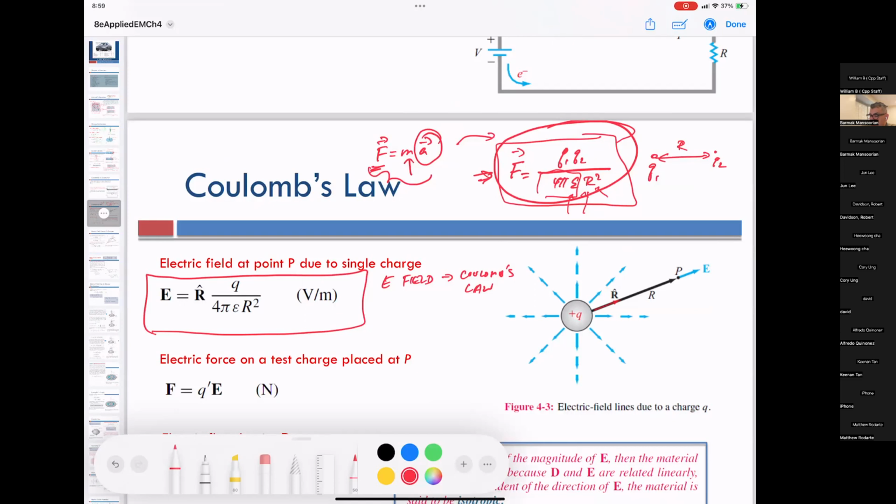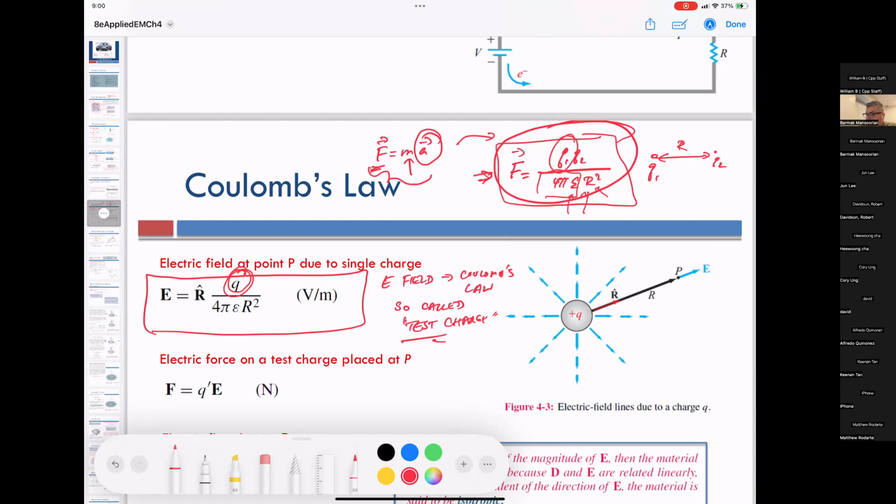They thought about what would happen if I had a charge in isolation, and then a so-called test charge. Q1 in our Coulomb's law is the thing creating this so-called electric field.